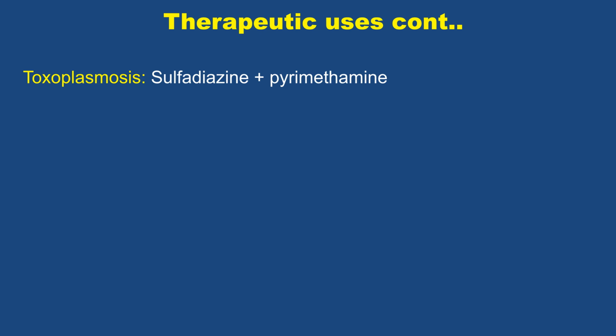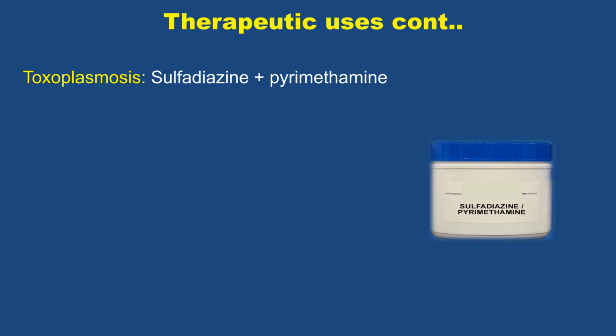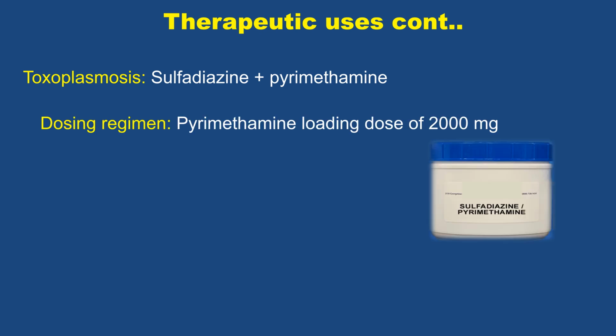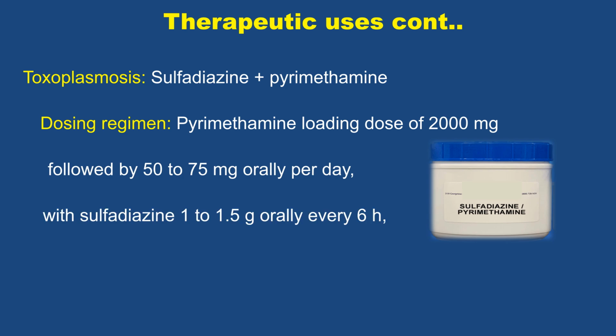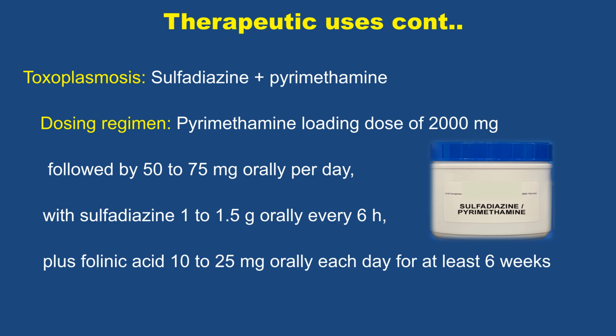So the combination of sulfadiazine and pyrimethamine can be applicable in such patients, with a dosing regimen of pyrimethamine loading dose of 200 milligram followed by 50 to 75 milligram orally per day, with sulfadiazine 1 to 1.5 gram orally every 6 hours plus folic acid 10 to 25 milligram orally each day for at least 6 weeks.